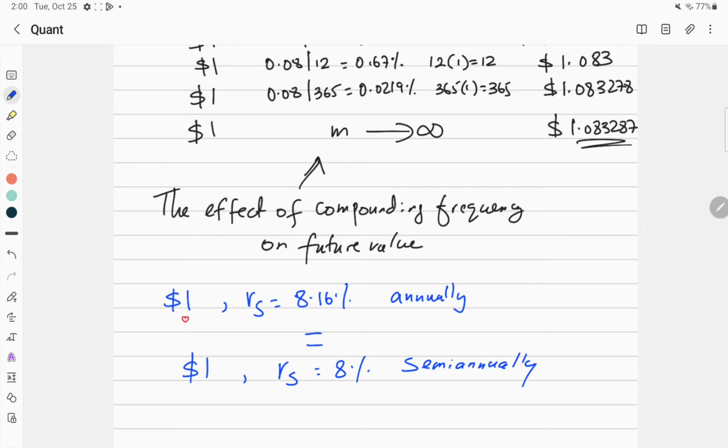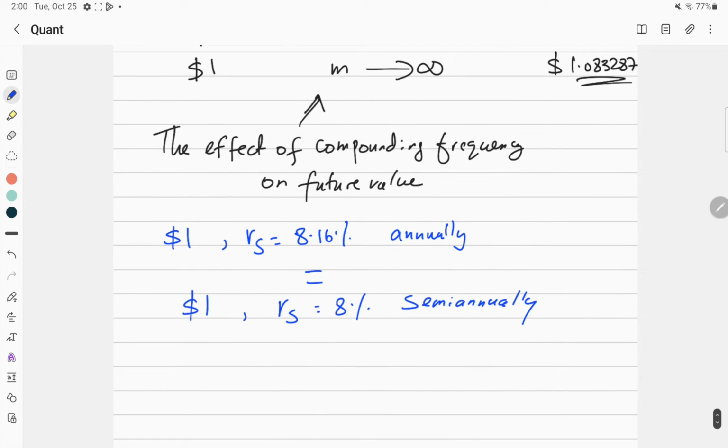So a $1 present investment today, if you put it into an account that pays 8.16% stated annual interest compounded annually, has the same future value at the end of the year as a $1 investment with an 8% stated annual interest that is compounded semi-annually.